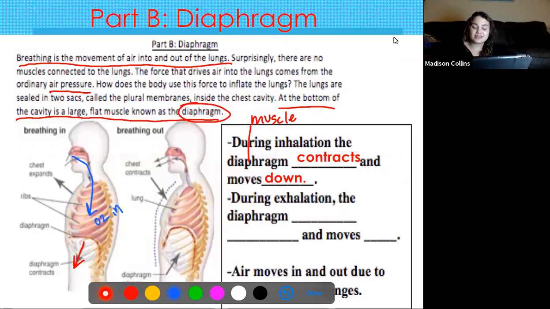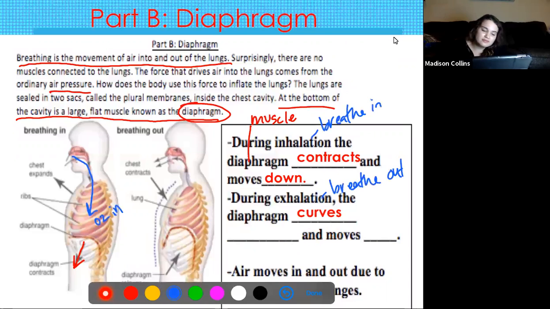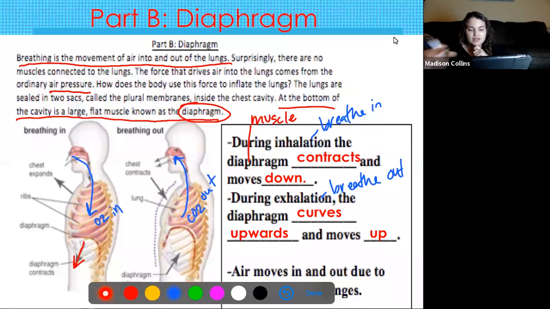Okay, but during exhalation, so when you breathe out, the diaphragm is going to curve. As you see right here, it curves up, which moves that diaphragm up and pushes air out of your lungs. Okay, so then CO2 moves out.